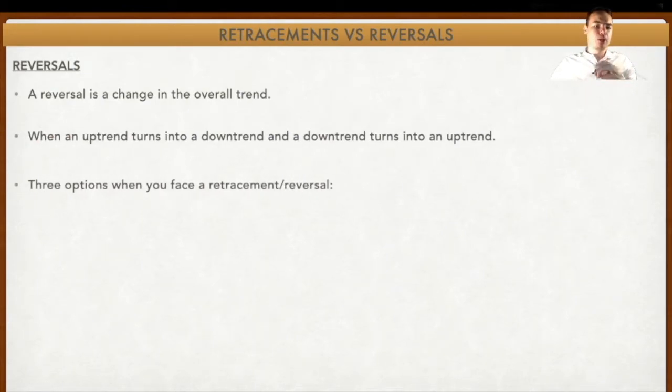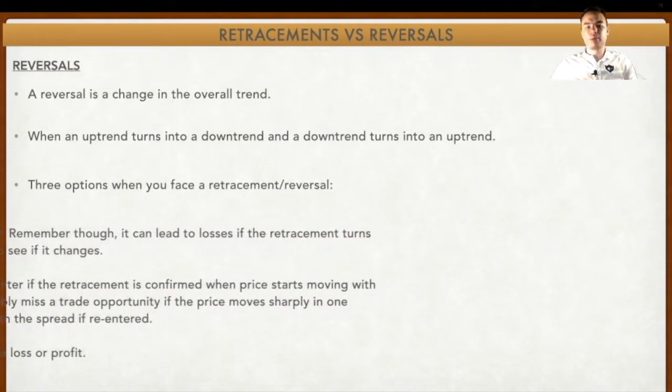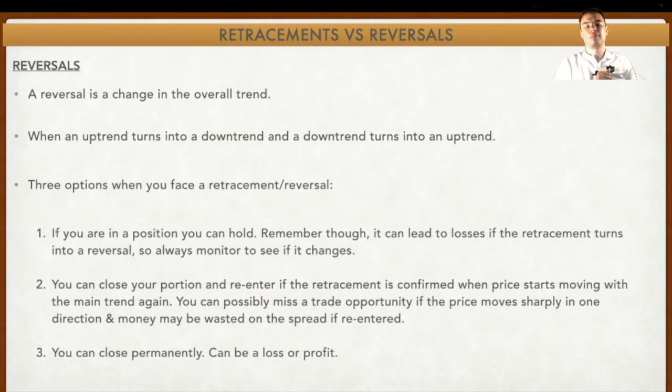Now, there are three options when you face a retracement or reversal. First one, if you are in a trade that you can hold, remember it can lead to losses if the retracement turns into a reversal. This is why it's always good to monitor, and those who are on the signals group and who have done the course, you know I like to close partial profits.